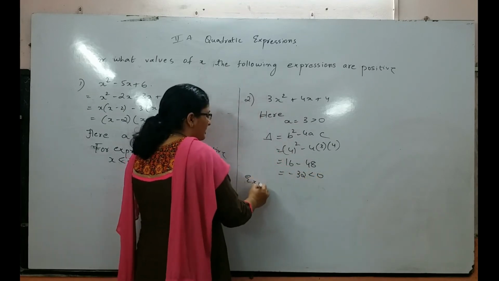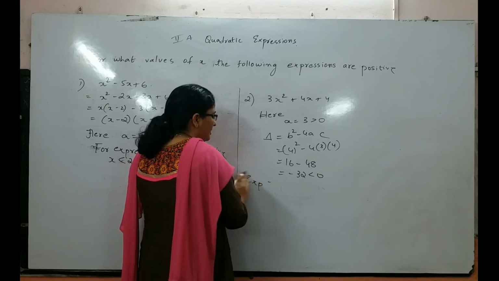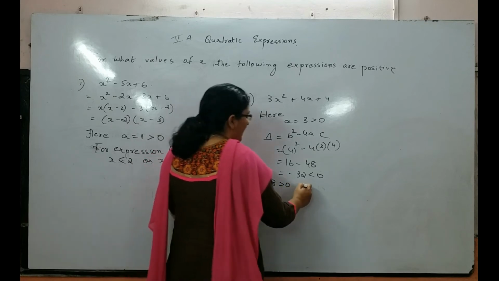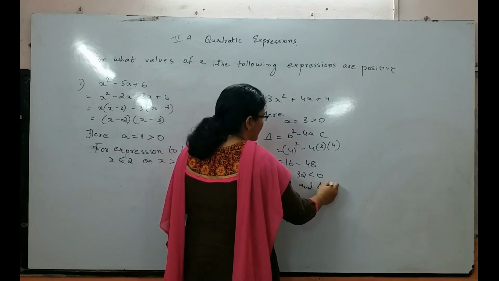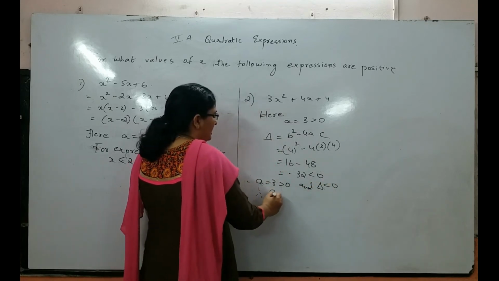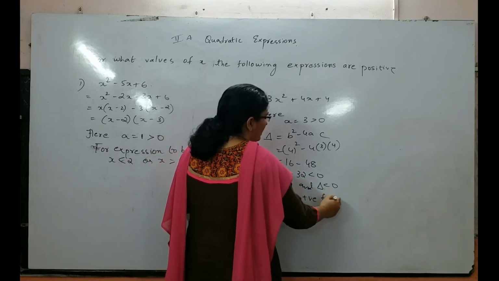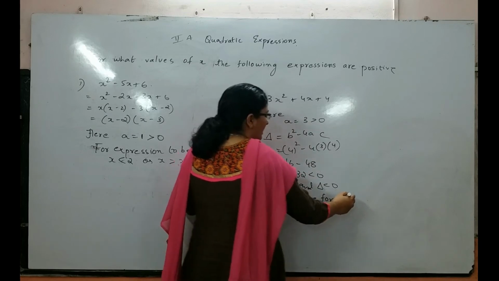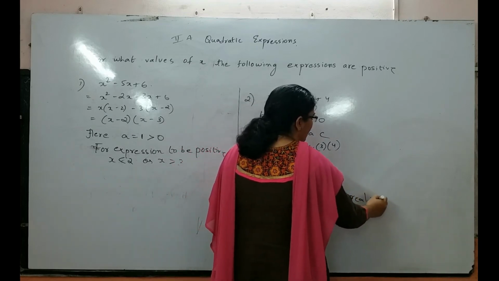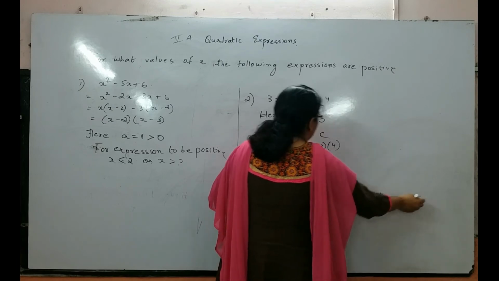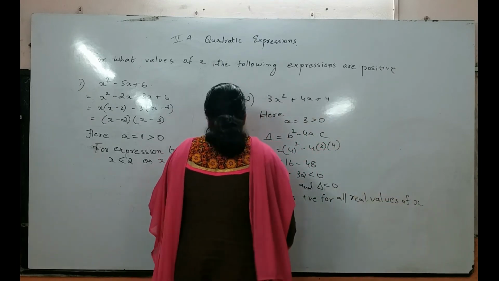Here a is equal to 3 greater than 0 and delta is less than 0. Therefore the expression is positive for all real values of x. That is about the second problem, children.